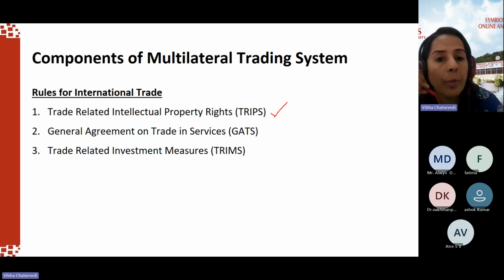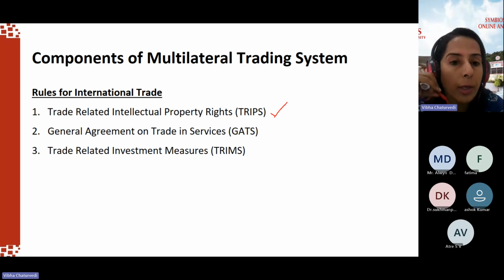So, general agreement on trade in services. What had been overlooked by GATT was now included in WTO.